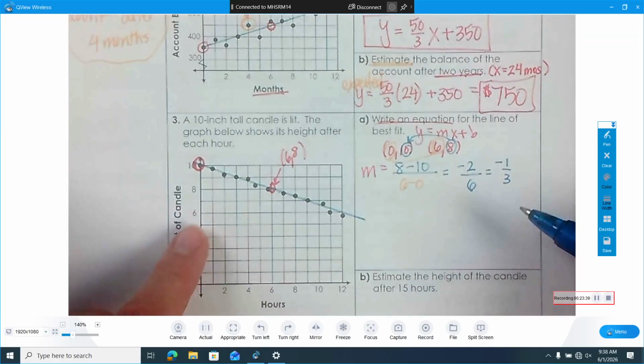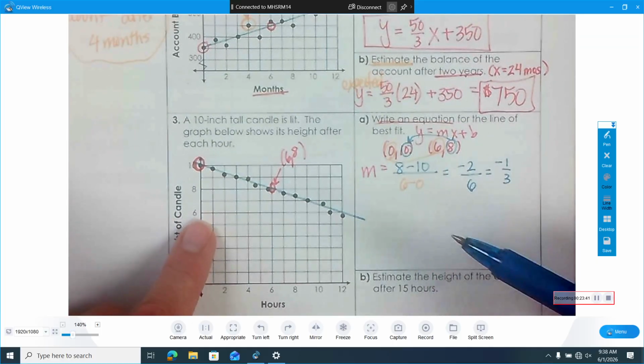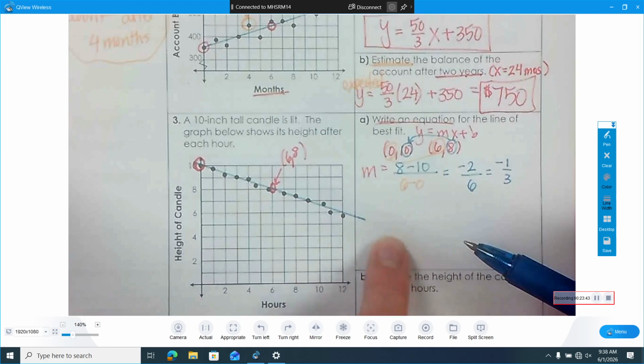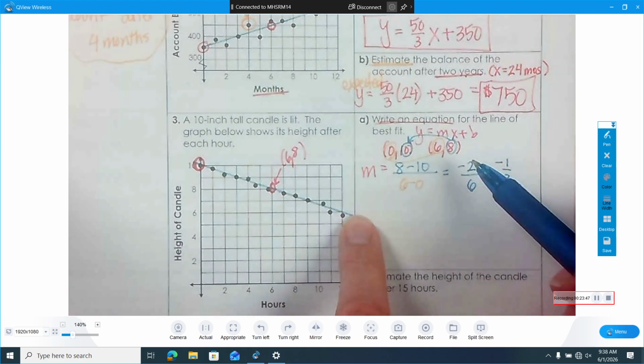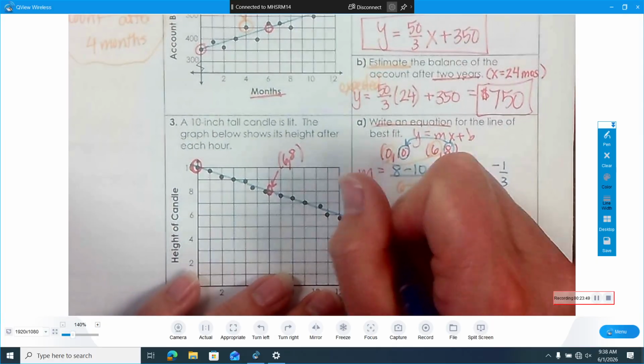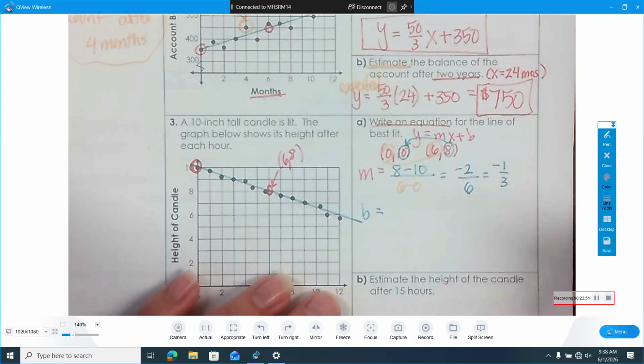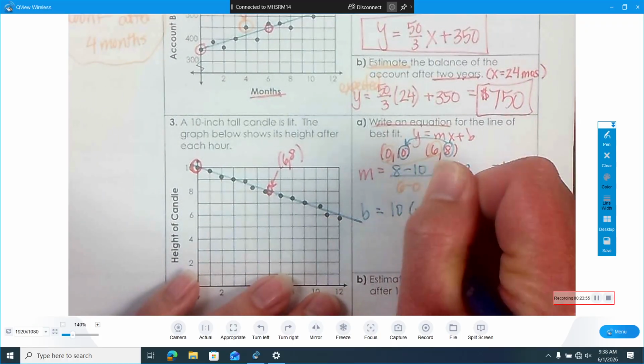Why is this slope negative? Because it's going downhill, yeah? So this is a negatively sloped line, so we should have a negative value there. And what is our b value? 10, that is the y-intercept.